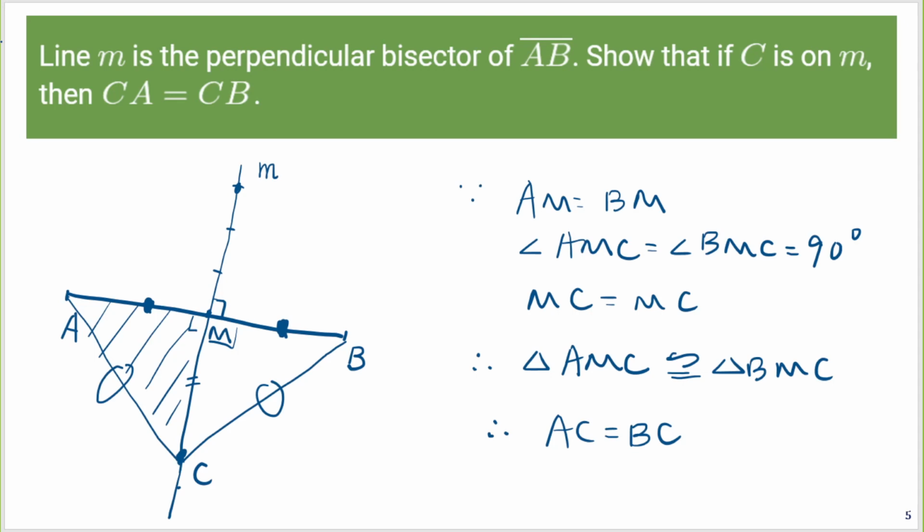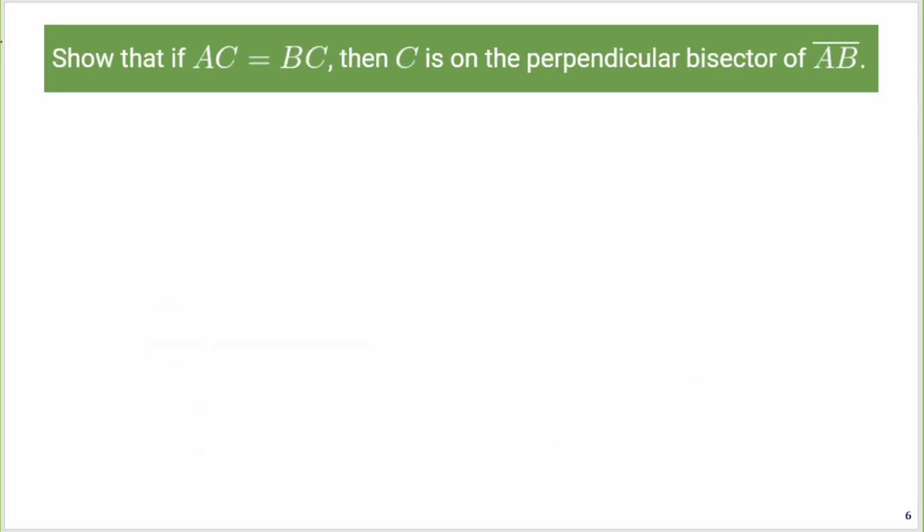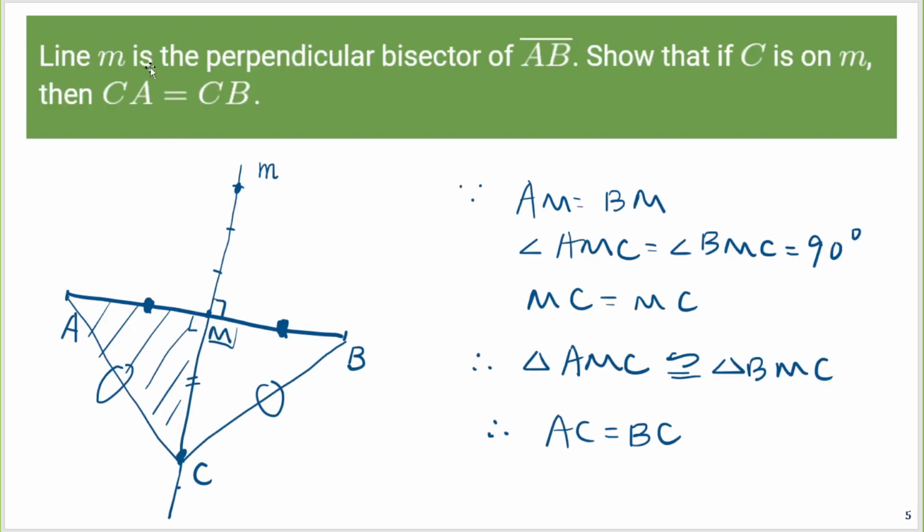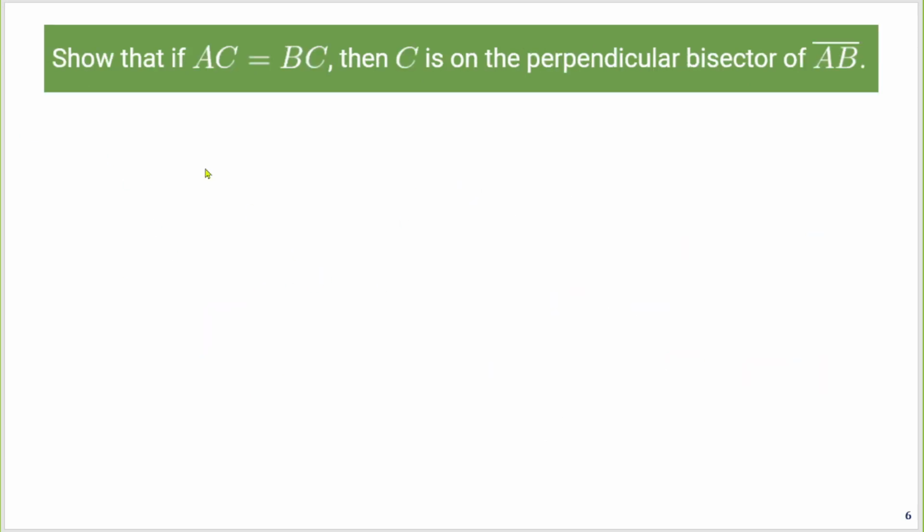And the reverse statement is also true. For example, can we say if AC equals BC, then C must be on the perpendicular bisector of segment AB? Can you see the difference between these two statements? The first statement is: given M is a perpendicular bisector and C is on M, then we have CA equals CB, right? And the reverse statement is: if you know AC equals BC.